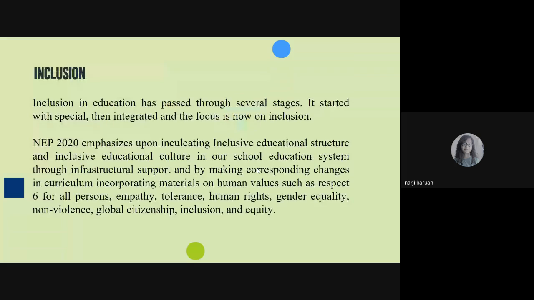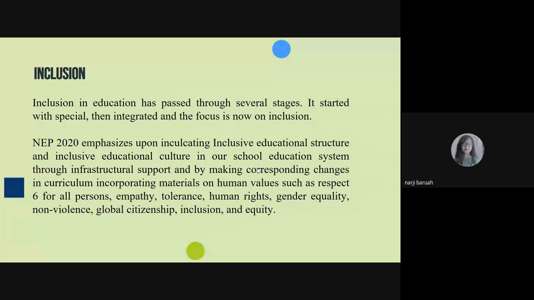Now let's see what is inclusion. Inclusion, in simple terms, means including each and every learner in the classroom, irrespective of caste, creed, religion, gender, or abilities. What NEP emphasizes is to inculcate an inclusive educational structure and an inclusive environment in our school education system. And how can we build this inclusive environment in the school?